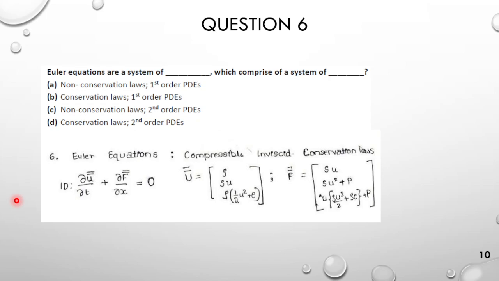Okay, so some of you are telling me to repeat it. If you just consider the 1D Euler equations, the equations are of this form: dou u by dou t plus dou f by dou x equal to 0. Say this u is a matrix, which comprises these particular terms here. So basically they are conservation equations which consist of mass conservation and momentum conservation, and third is the energy conservation here.